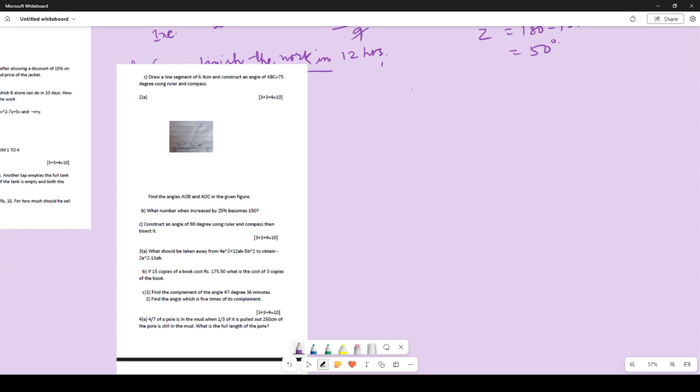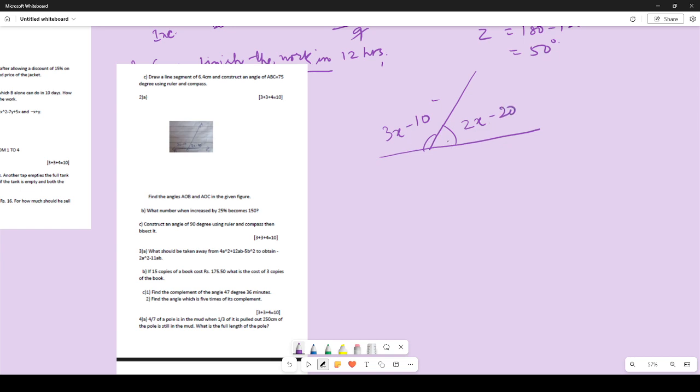Now let us attempt this question. Sorry, my line is a bit skewed, but the angles mentioned over here are 3x minus 10 and 2x minus 20, and we have to find the two angles.